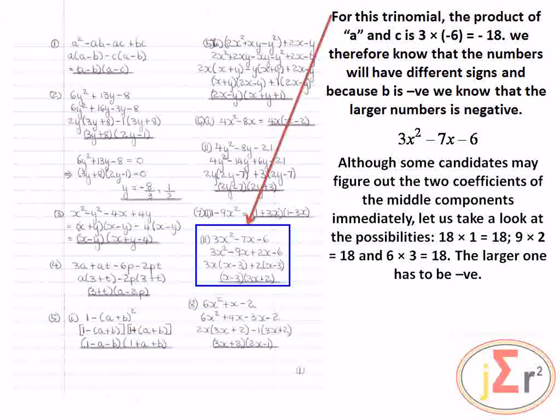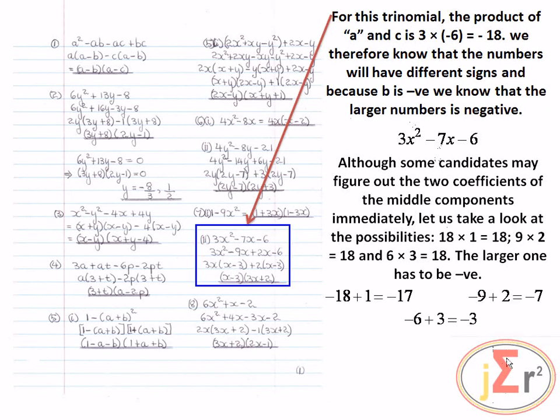We know that the larger one is negative because when we add them, the result is negative. So we will have, as here, 18 and 1, 9 and 2, and 6 and 3. But because the sum is negative, we put for each case the larger one negative. And those are the results that we have there.